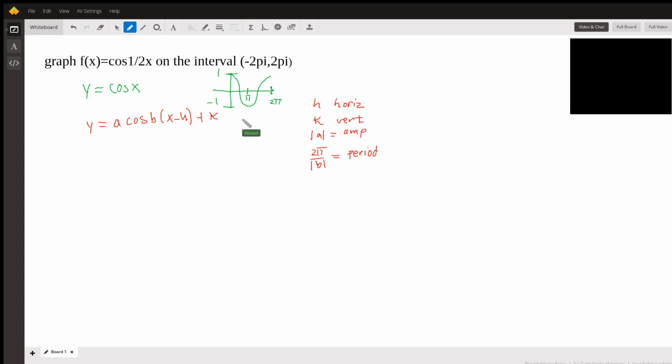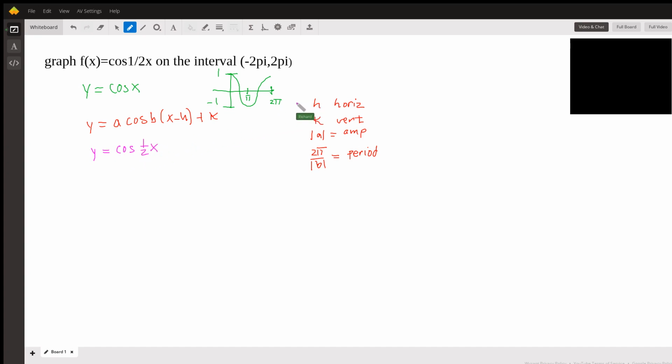Now, our particular graph that we want to draw today, I'll do this in purple, is y equals cosine of 1/2 x.